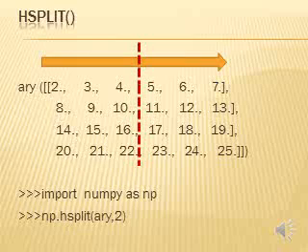After drawing the horizontal line, you have to check in how many parts you have to split the array. Now just see at the bottom line, it is written np.hsplit(ARY, 2). The main point to be noticed is 2, which means we have to divide the array horizontally into 2 parts.